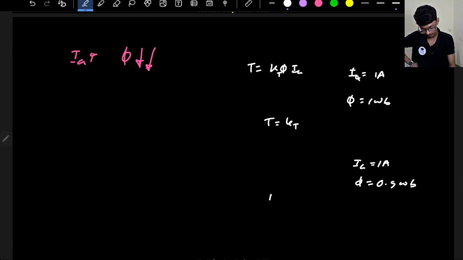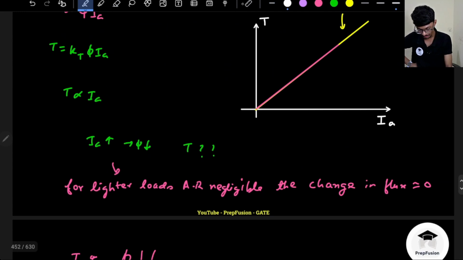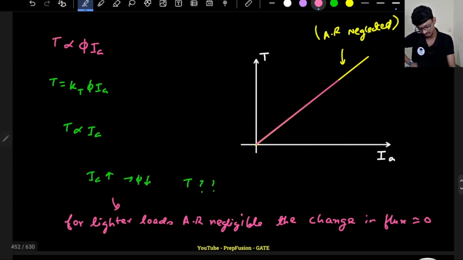So the torque will be Kt into 1 into 0.9, so this will be 0.9 Kt. So instead of following this line, it will be somewhat lower than this. So if armature reaction is considered, the actual graph will be somewhat lower than this.